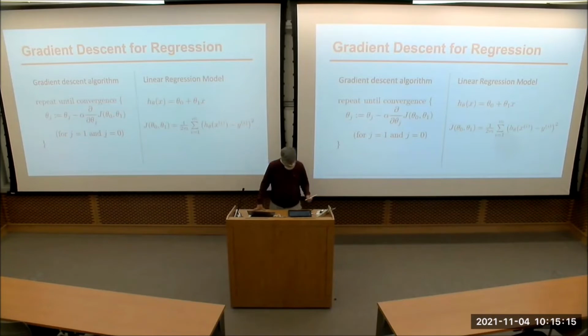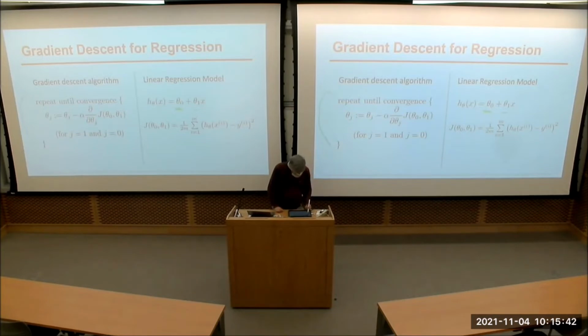The gradient descent algorithm said, start with an arbitrary value of these parameters, theta 0 and theta 1. Then repeatedly update until you get to a minimum, until it doesn't change. How are we going to update it?